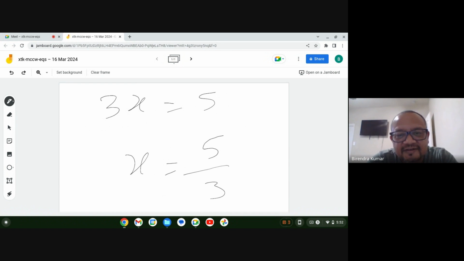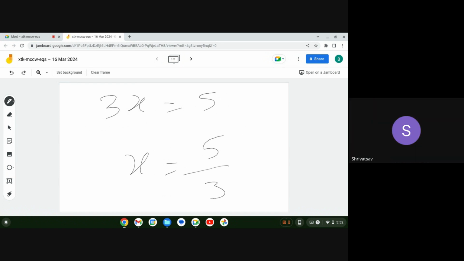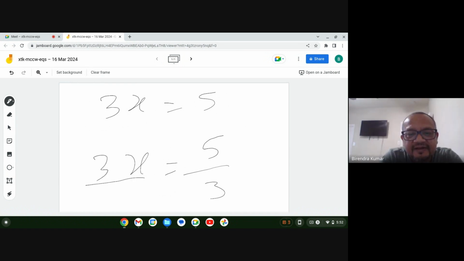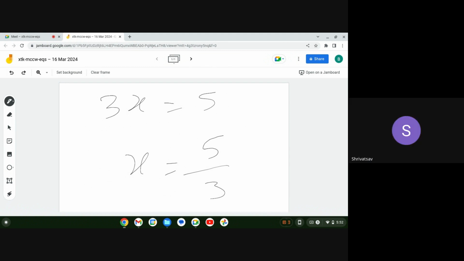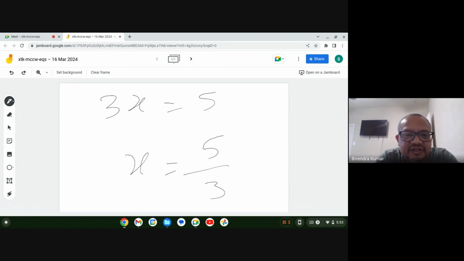Otherwise I will have this extra thing, and some extra real estate is being used on the piece of paper, right? So it's up to you guys. Whatever you are comfortable with, you can do it. I'm dealing with three numbers and closing it there, but if you're comfortable doing it this way, that is also fine.